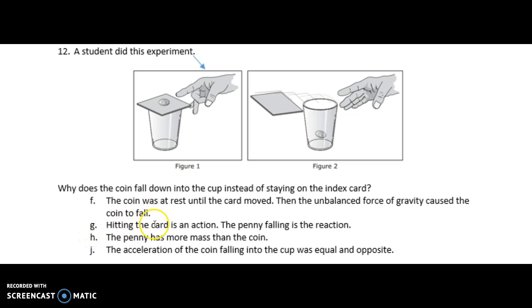G. Hitting the card is an action. The penny falling is the reaction. H. The penny has more mass than the cup. J. The acceleration of the coin falling into the cup was equal and opposite.